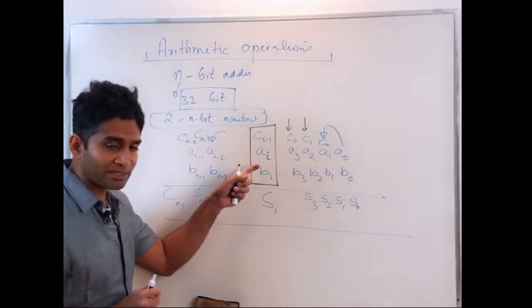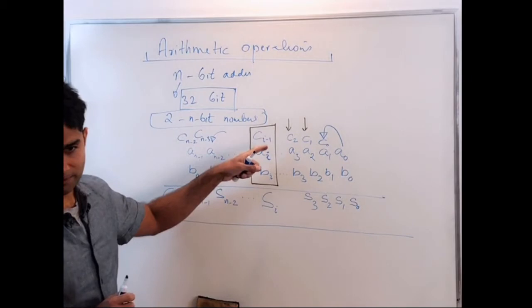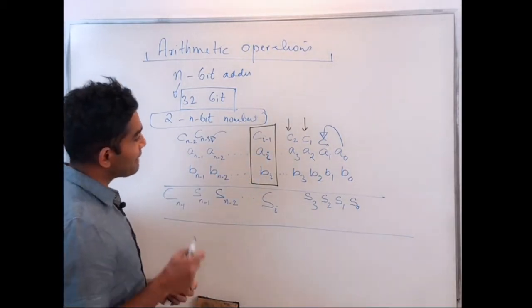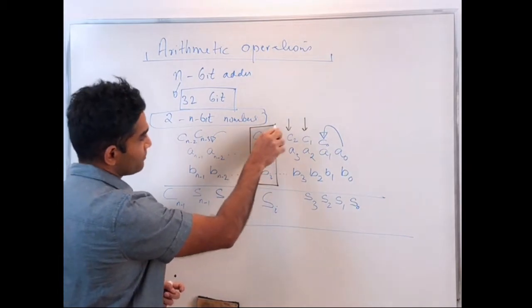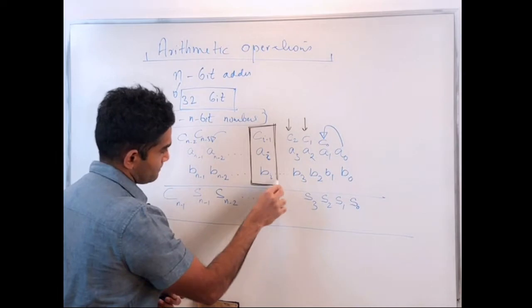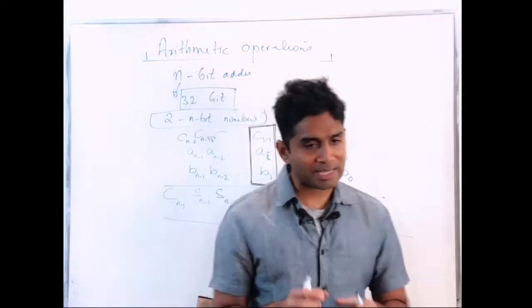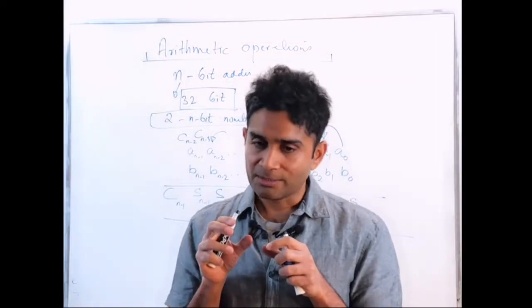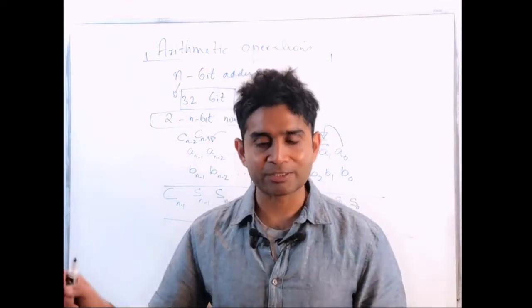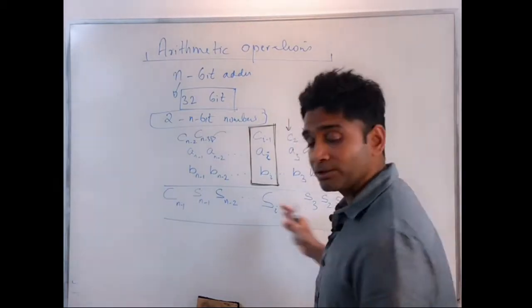I'm adding those two bits along with the previous carry. What that means is, if I'm able to design a circuit that can perform this operation, all I have to do is copy and paste that module and make the right interconnections so that I can get this operation done.